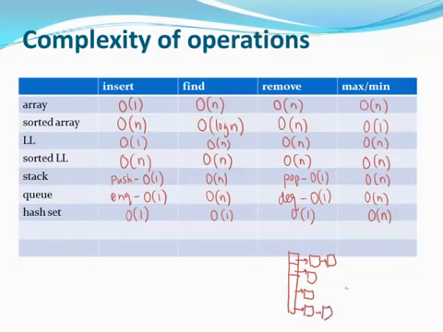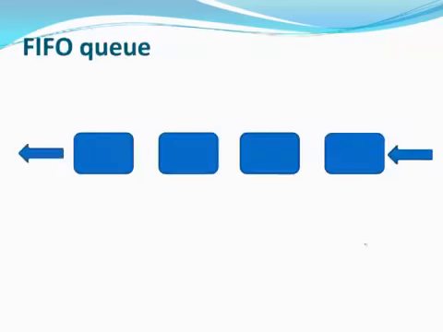Now typically, if you assume that the load factor of a hash table is 2, and you have n keys in the hash table and the hash table size is n over 2, then it would require you to navigate n over 2 chains. Within each one you're going to go no more than n operations. So the complexity of finding max or min in a hash table is big O of n.